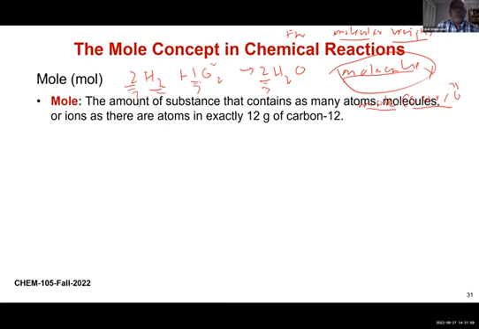What is a mole? This is the amount of substance. There are 2 moles of hydrogen here, 1 mole of oxygen, 2 moles of water.